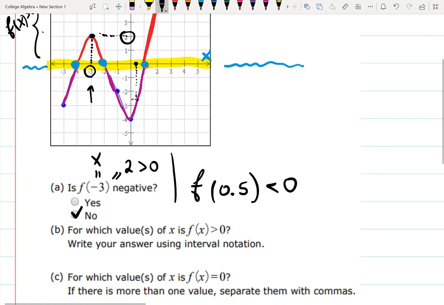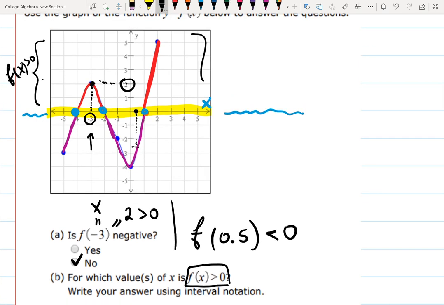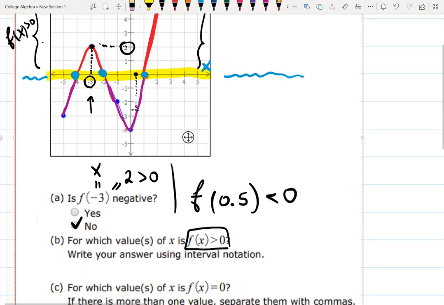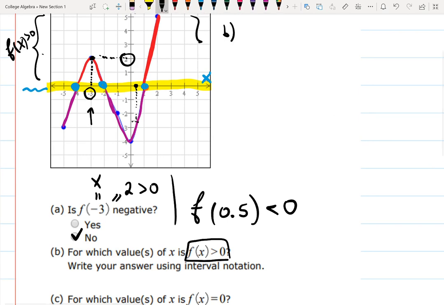For which values of x as input is the function positive? Just like I told you, it's all above the x-axis, everywhere above. Now looking at the graph of the function, let's write down where this happens. For B, I will answer when the graph of the function is above the x-axis. Well, it starts from negative 4.